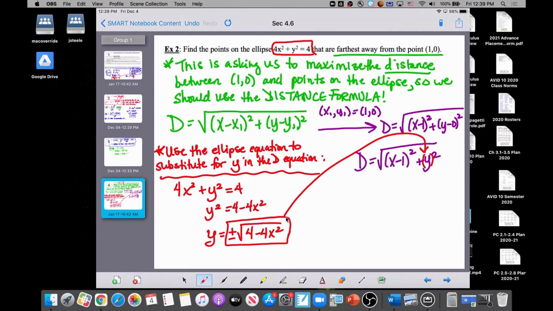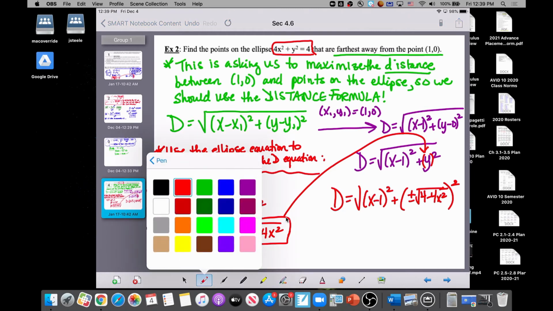So when I do that, my new distance formula is x minus 1 quantity squared plus or minus the square root of 4 minus 4x squared, squared. Well, what happens when you square a square root? It undoes itself, right? The square root and the squared cancel.